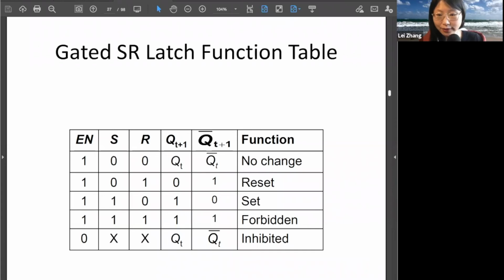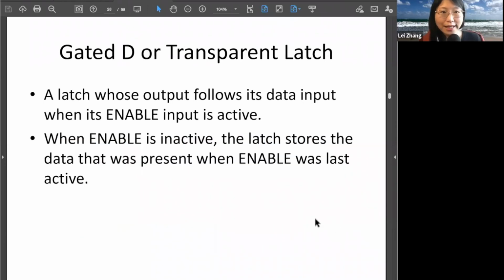Okay, so the gated D or transparent latch. This is the most popular latch and the simplest latch you can see. Transparent means the value on the input will be passed to the output. So it is a latch whose output follows its data input when its enable input is active.